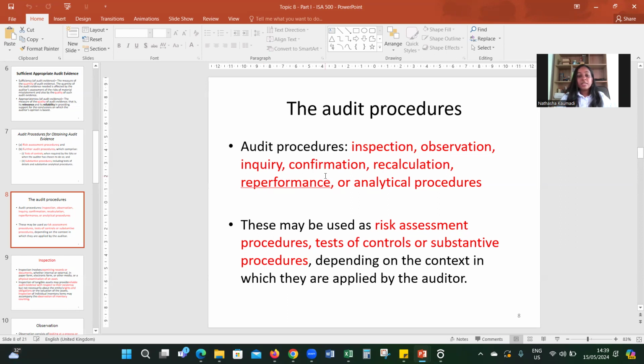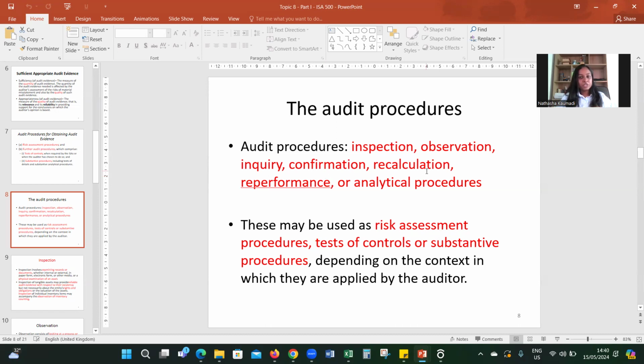And then confirmation. Confirmation means you are calling for confirmations from various other parties, maybe about the debtor balances, maybe about the bank balances. So you are calling for confirmations from third parties, maybe from debtors, creditors, banks, lawyers. Likewise, you are confirming those balances through confirmations.